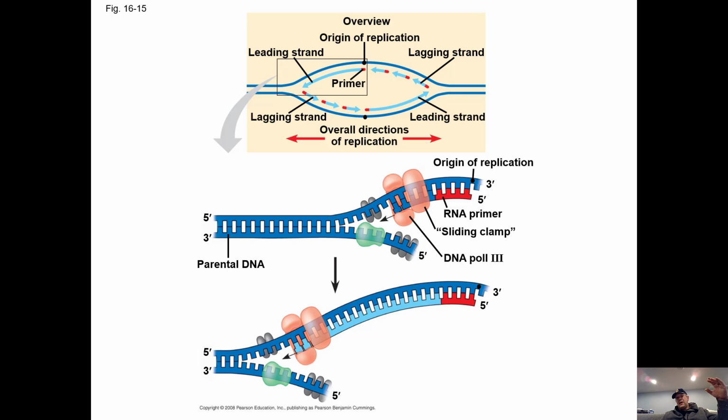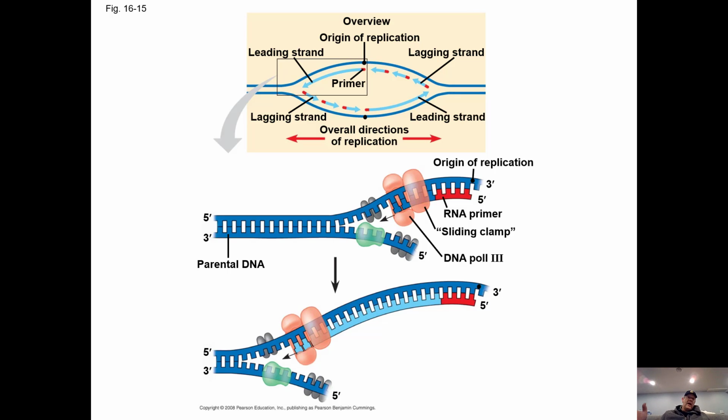If there's an adenine on the top strand, DNA polymerase 3 is going to fit a thymine to it. If there's a cytosine on the top, DNA polymerase 3 is going to add a guanine to it. So it's just adding the complementary base to whatever it's encountering.